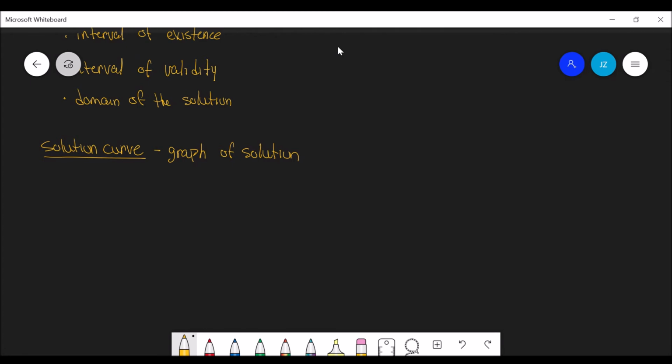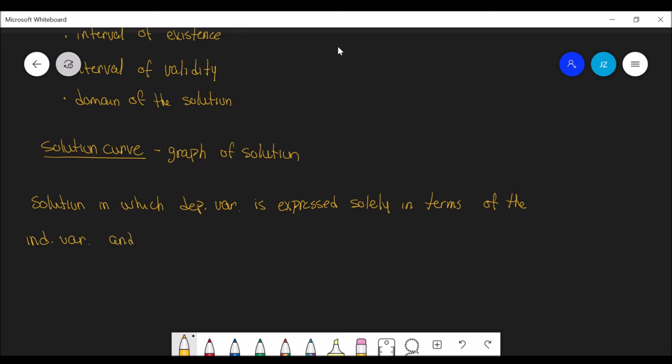Also, a solution in which the dependent variable is expressed solely in terms of the independent variables and parameters is called an explicit solution.